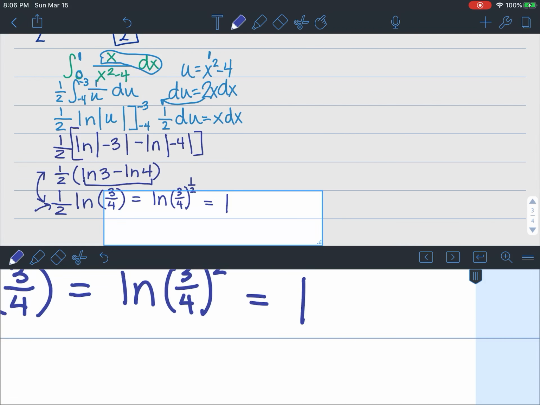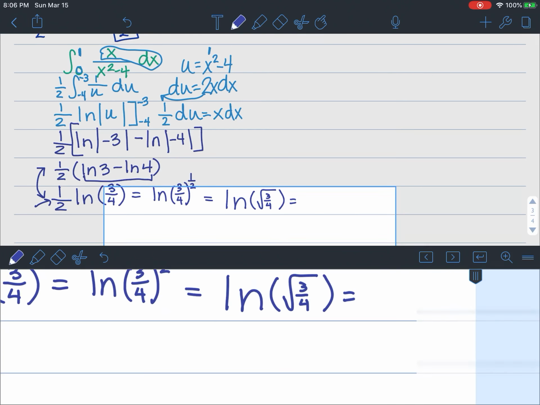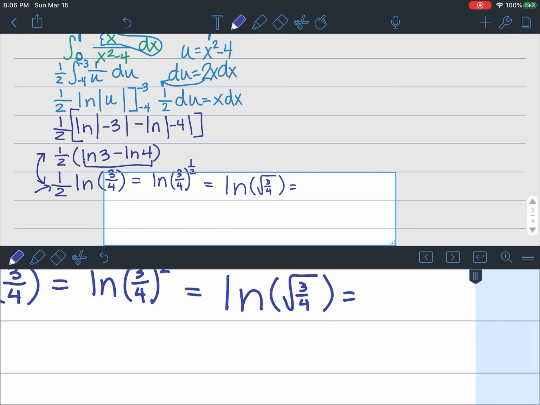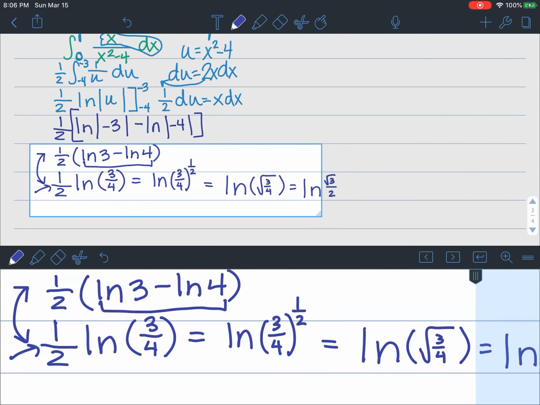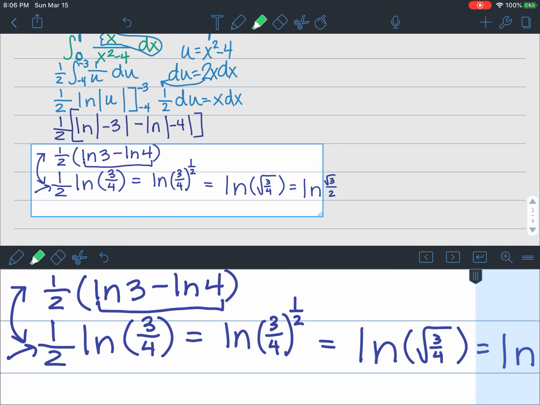And of course, an exponent of 1/2 is really the square root of. I'm going much farther than I need to, but this is the kind of stuff they pull on you in the multiple choice. And that would be ln of radical 3 over 2. So all of these steps are equivalent.